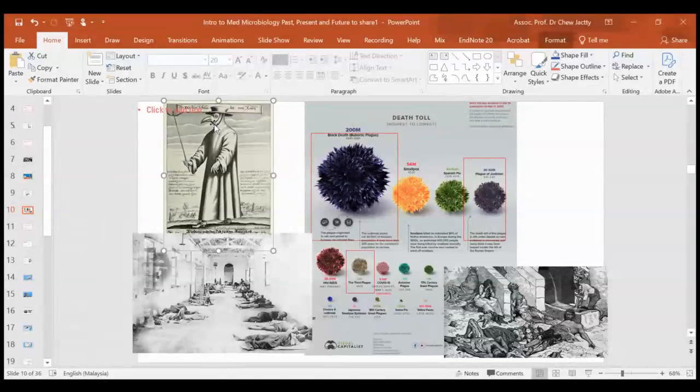So back in the 14th century, as I mentioned just now, a lot of people that came back from sea travel were found to be sick, so they weren't allowed to leave the ship until they were well. So that's also the concept of quarantine that we see today.